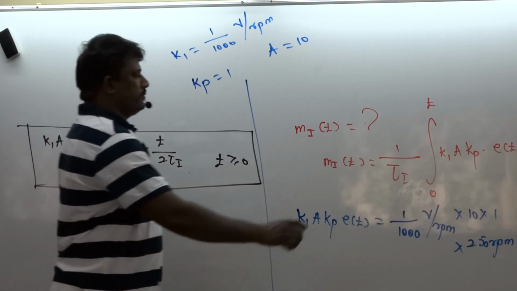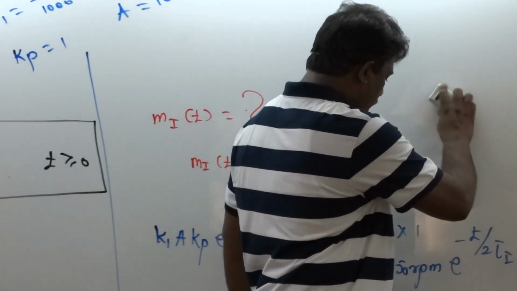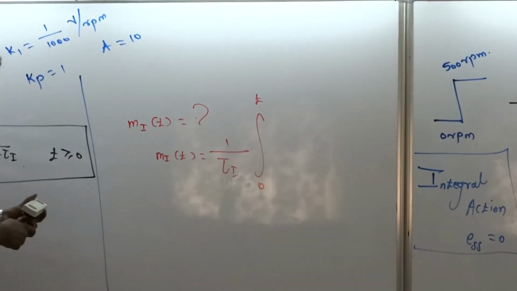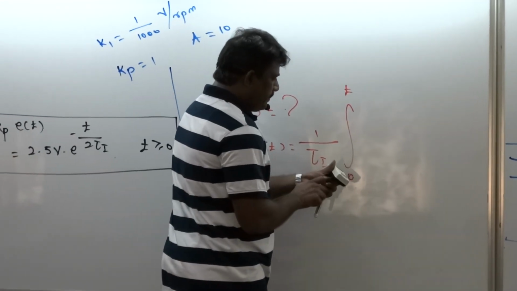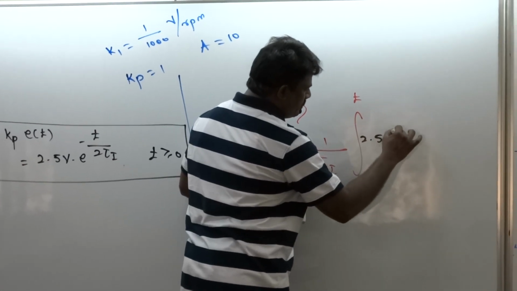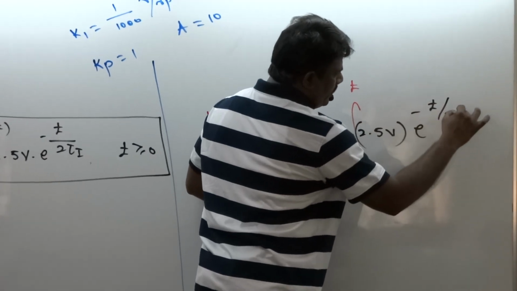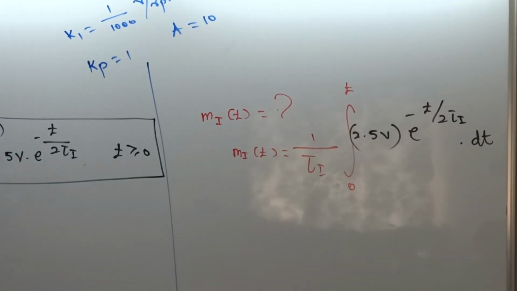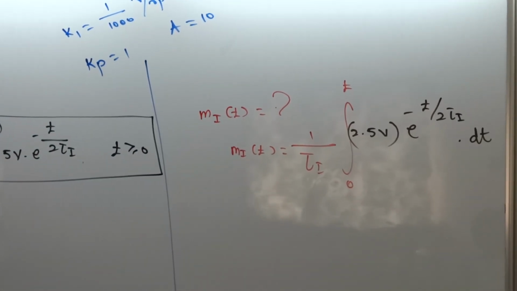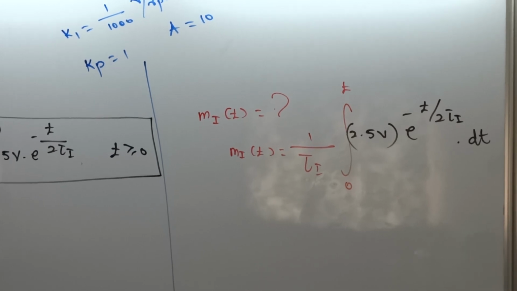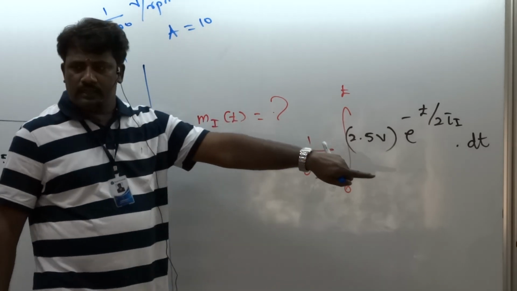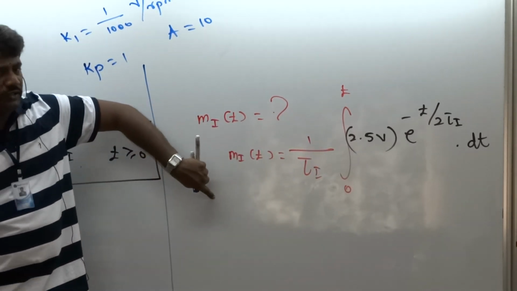Then substitute. Okay, substituting the signal given here, that is 2.5 volt into e power minus t by 2 tau I into this integration. That's what MI of T is. I can do this in S domain also, but since error is available in time domain, I am performing time domain integration. Otherwise, what's the other route?